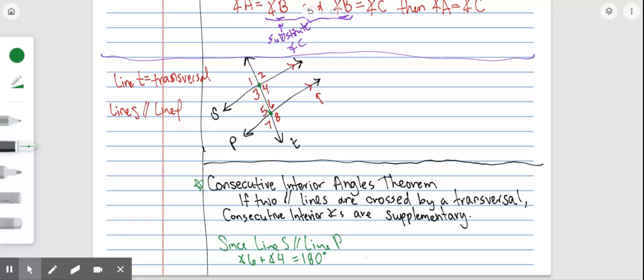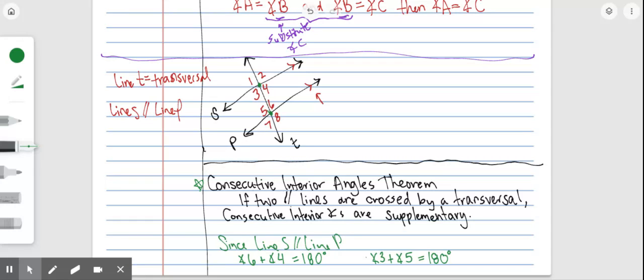And these are consecutive interior because they're on the same side of the transversal T inside lines S and P. Okay. On a similar note, I can say angle 3 plus angle 5 equals 180. Okay. All right, so that is all 4 of the theorems that we're going to talk about today. And it's basically just saying that if you've got parallel lines, then guess what? You have angle relationships so that you can find missing angles.